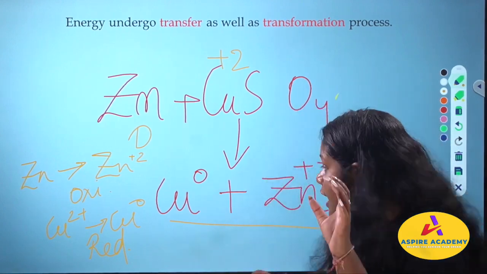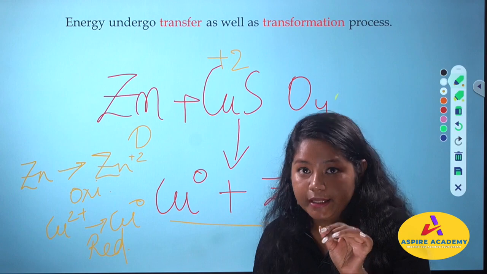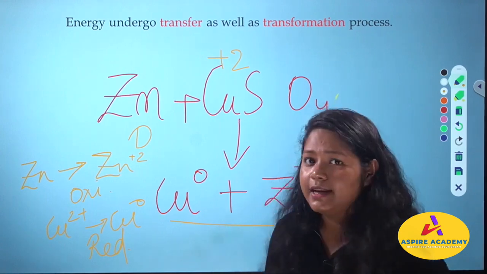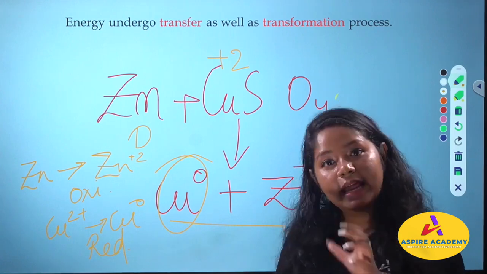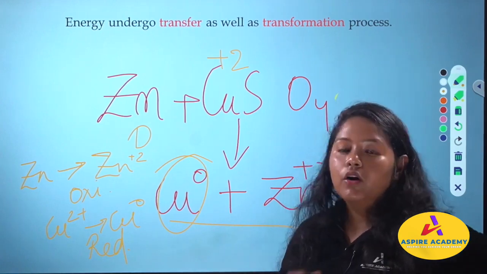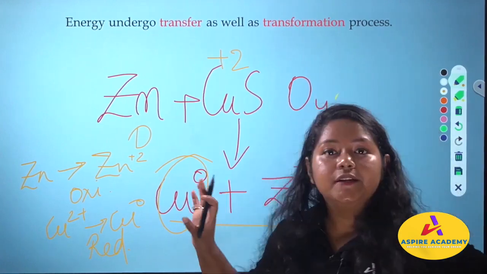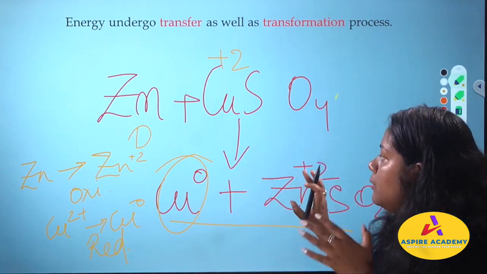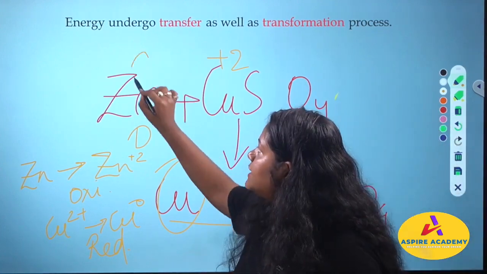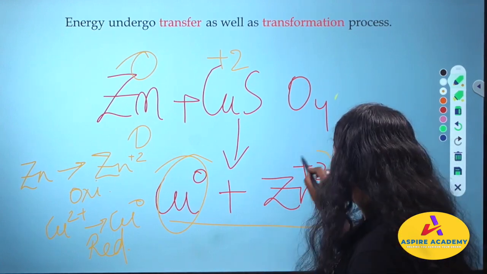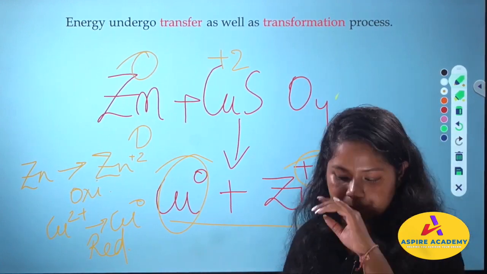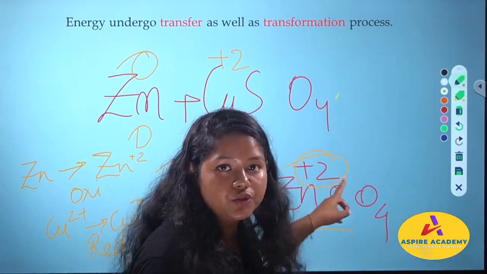Now that red PPT was not ZnSO4, it was copper. Copper was giving the reddish brown PPT. When you observe this reaction precisely, you will see that zinc's oxidation state is 0, and it is getting converted to plus 2.